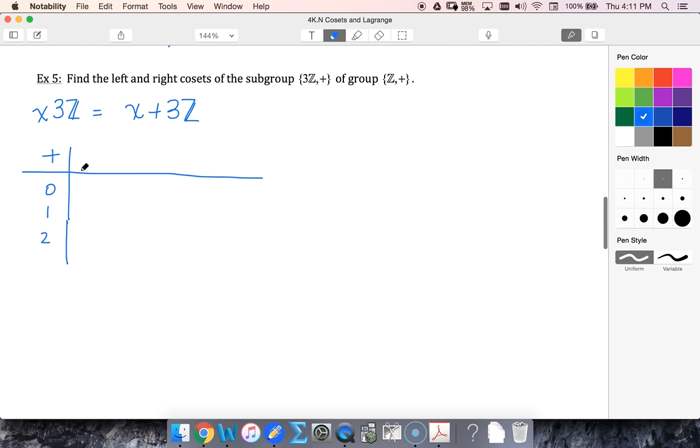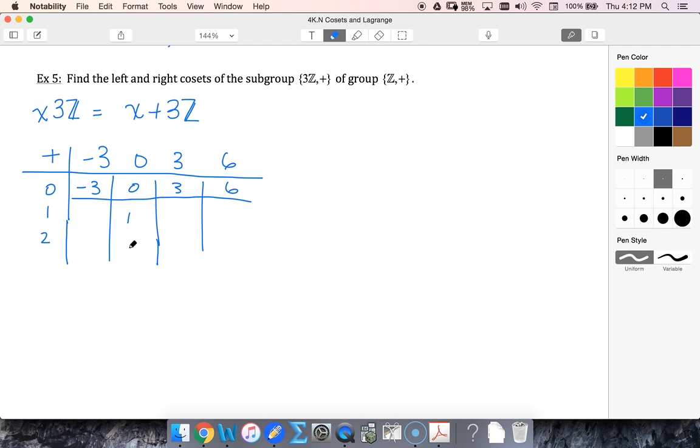Across the top, I've got the right value in my operation, so my multiples of 3: negative 3, 0, 3, 6, for example. Obviously, these could keep going. All right, so let's fill in some values. We've got addition, so here's our identity.